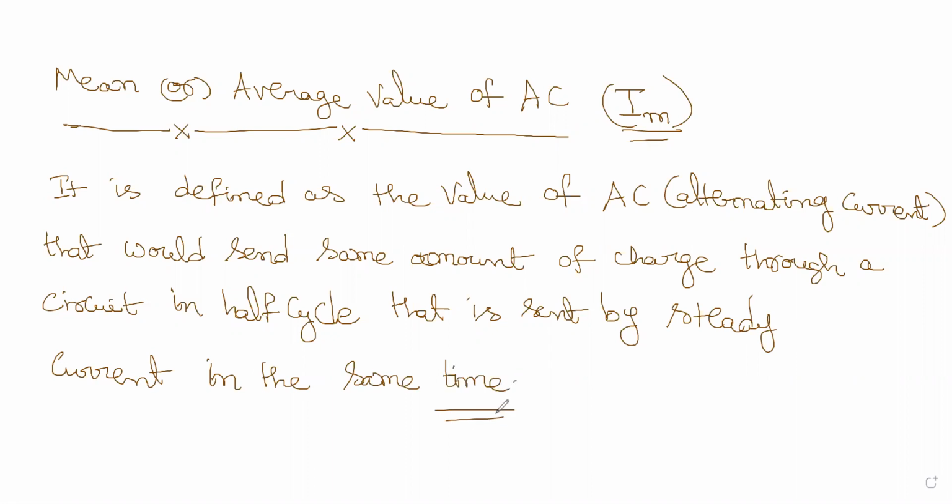So please note it. I will tell you what is a half cycle. Time wise, it is T equal to half of the time period. You may be a little bit confused about these things, so I'll explain.